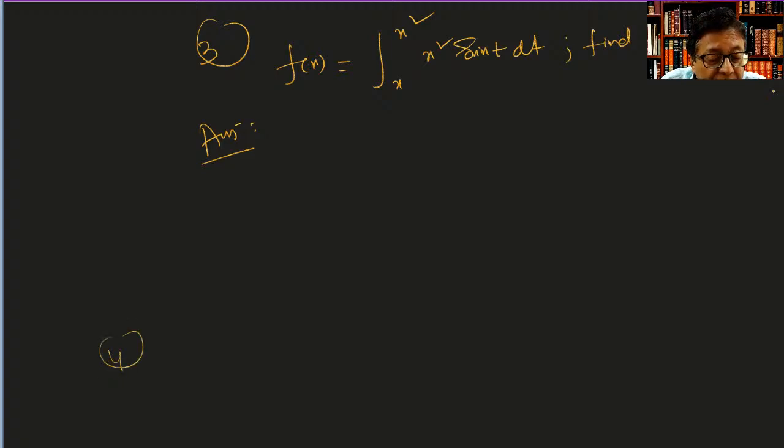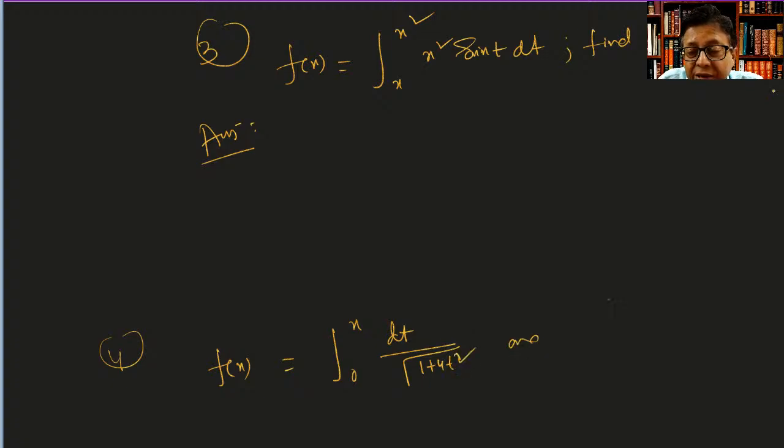Given f(x) equal to the integral from 0 to x of dt by under root of 1 plus 4t squared, and f double dash x equal to k into x, then find k.